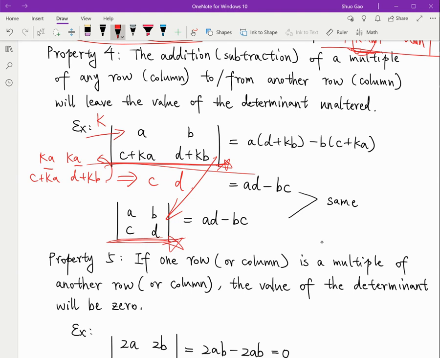So the two determinants are the same. So this is AD minus BC and this is AD minus BC. So they're the same. So this is property 4. And next time when you see a very complex matrix like this, you can simplify this determinant using property 4. Right, so this becomes minus Ka, this is minus Kb, and the result will be the same as before. Okay, so this is property 4.